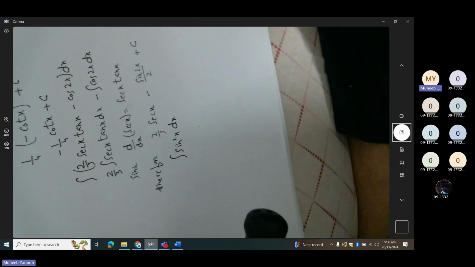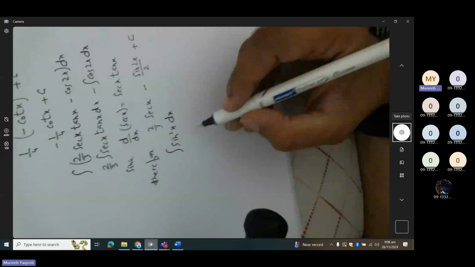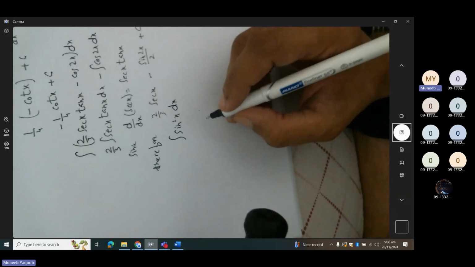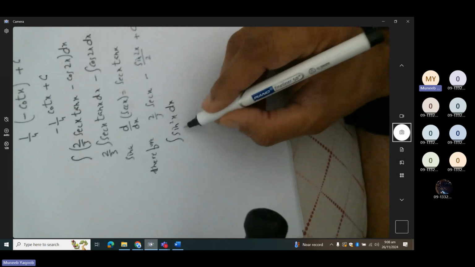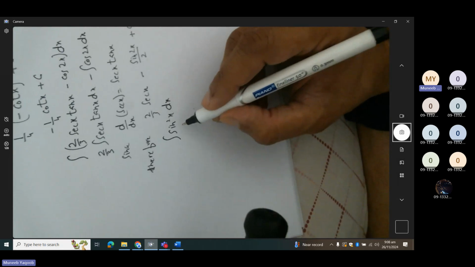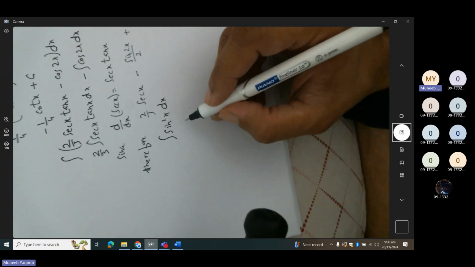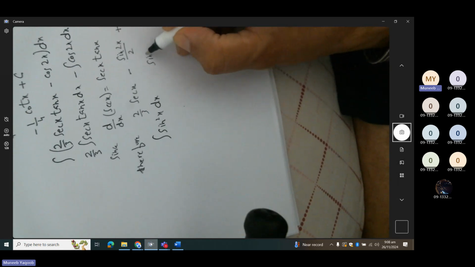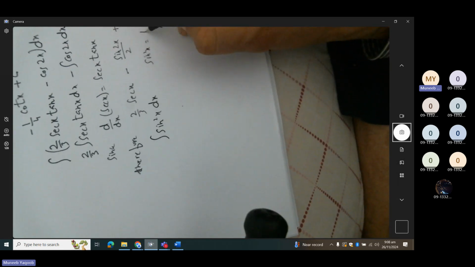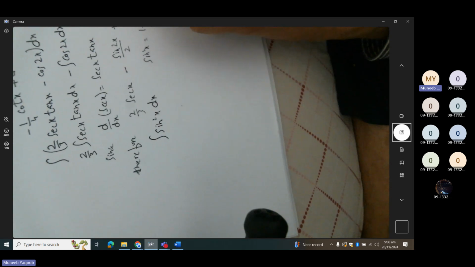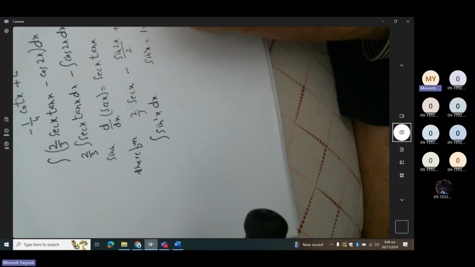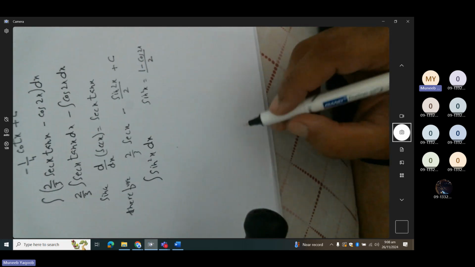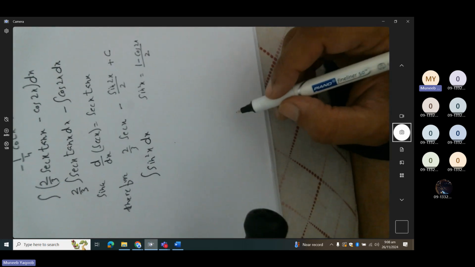So again, we solve this question. How can we integrate sine square x dx? For this purpose, we need to use a specific trigonometric identity. It is sine square x equals 1 minus cos 2x, whole divided by 2.